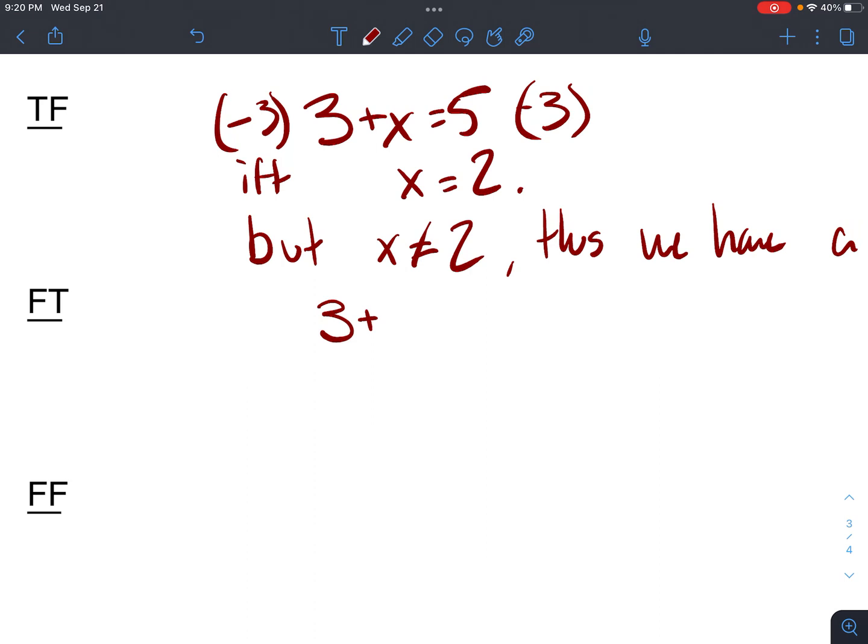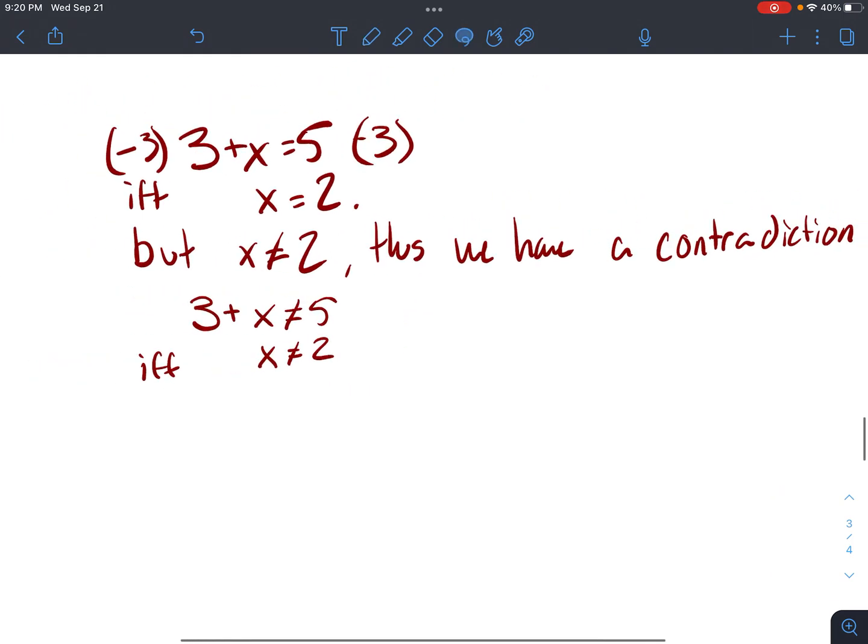So 3 plus x does not equal 5. So x does not equal 2. And then you know what we could do?